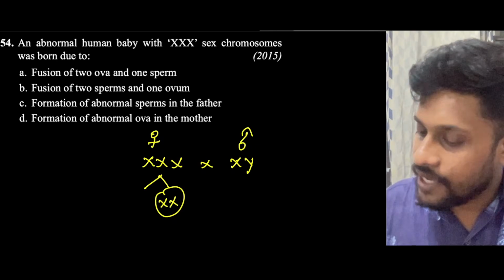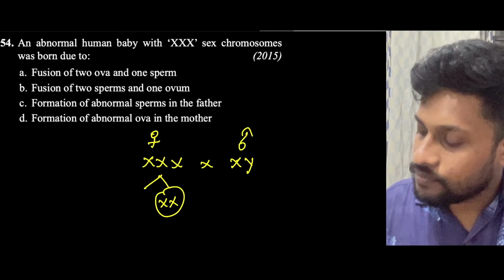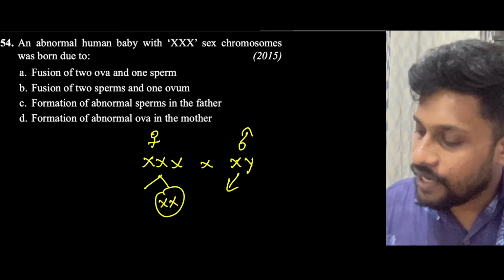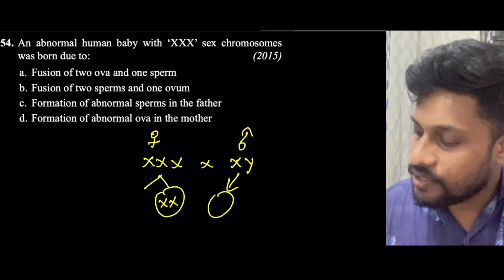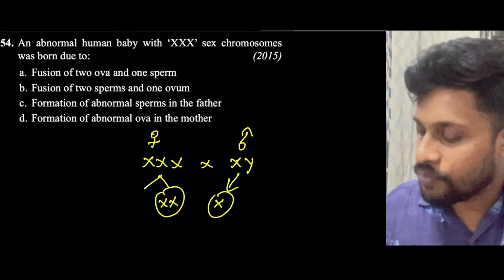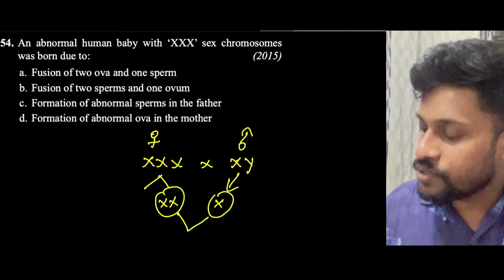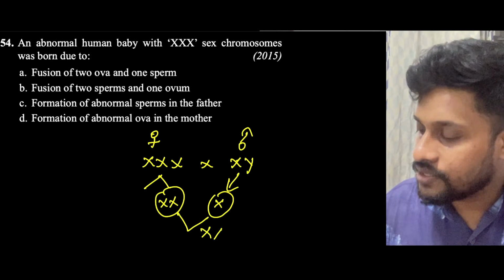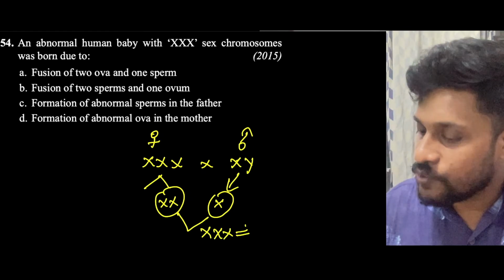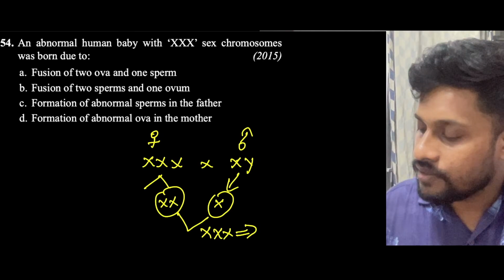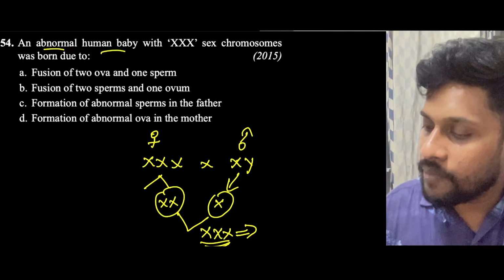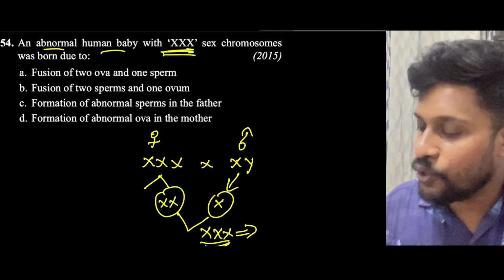Let's say this male is producing one gamete with the X chromosome. Now, if these two fuse, what will we be getting? Triplo-X. An abnormal human baby with a triplo-X sex chromosome was born due to what?